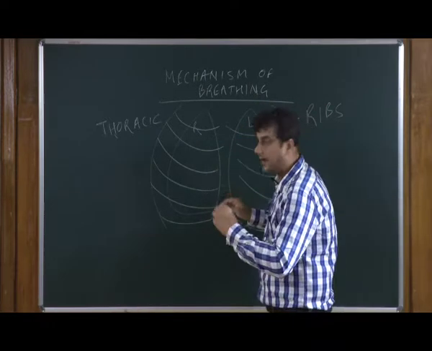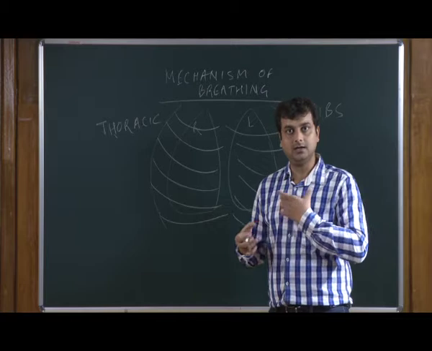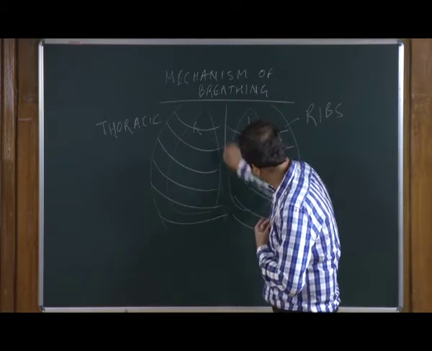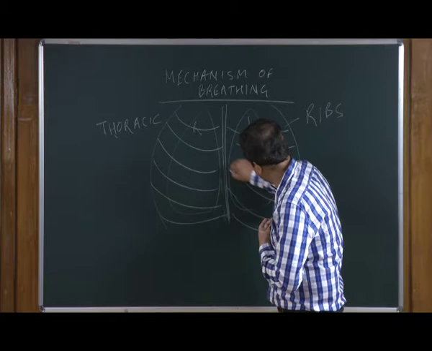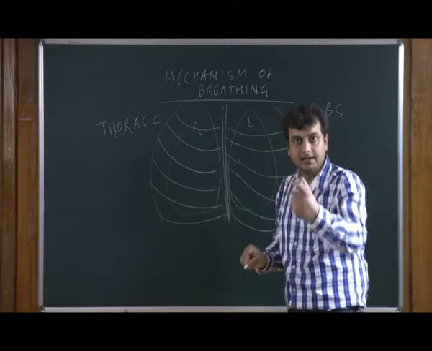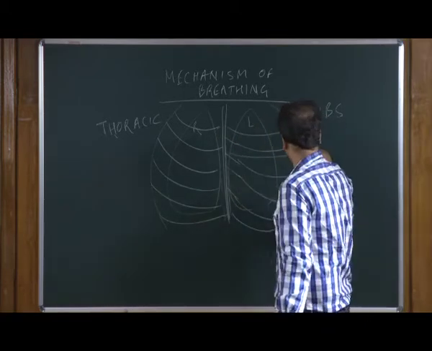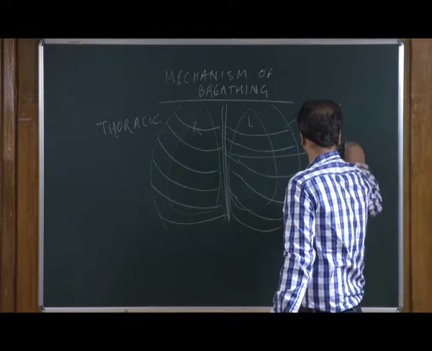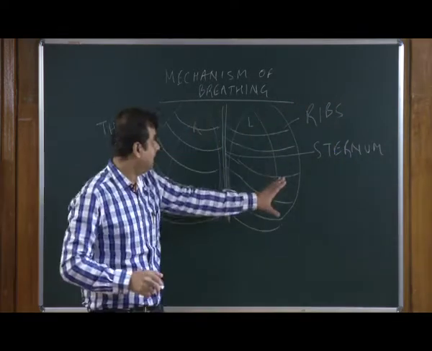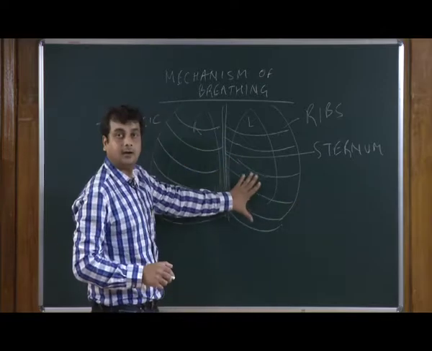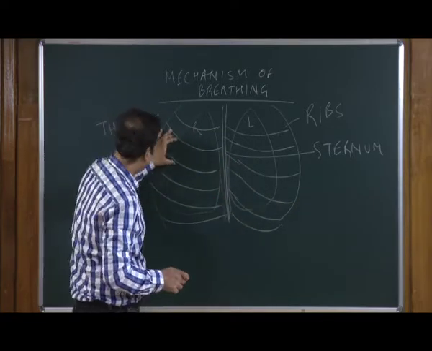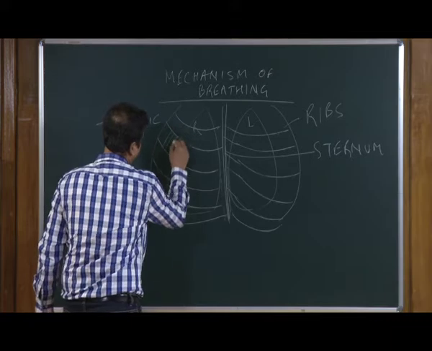These ribs are merging in the middle of the chest cavity. So, these are merging in this area. The whole set of ribs merges in this area, and this middle merged area is called the sternum. Now, in between these ribs, we have a very specific muscle, although we have discussed it.